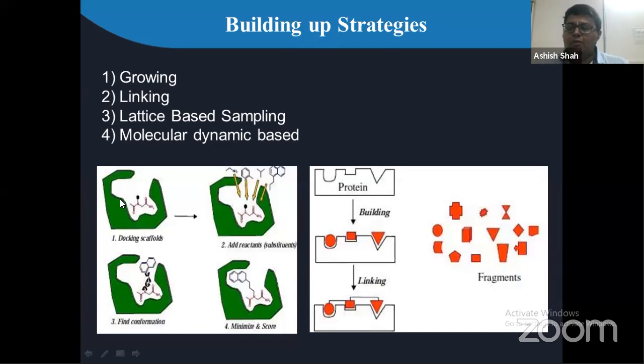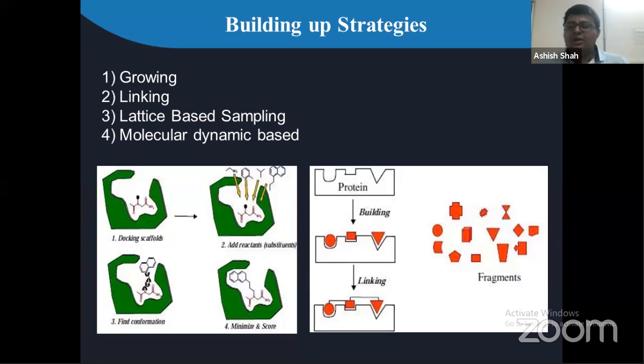For a hydrophobic portion, you require a hydrophobic group in your drug, so I'll put hydrophobic groups in this portion. And suppose this portion is hydrophilic, so I'll put hydrophilic groups there. My aim is to sequentially build up my molecule and end up with something that has a better binding affinity with the target.